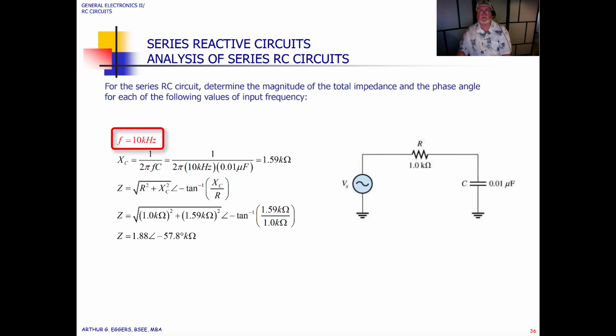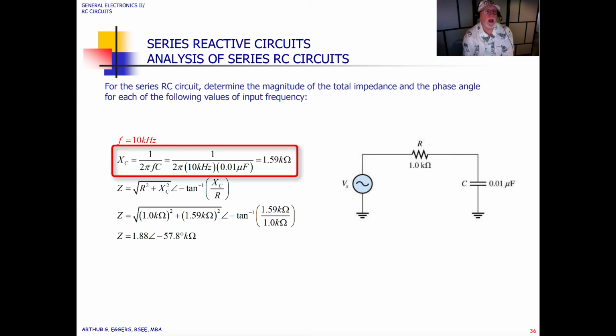So let's look at a simple RC circuit where we're going to determine the magnitude of the total impedance and the phase angle for each of the following values of the frequency as it's varied. In this first case, the frequency is set at 10,000 hertz, 10 kilohertz. We start by calculating our capacitive reactance, 1 over 2 pi FC, and we come up with 1.59 k ohms.